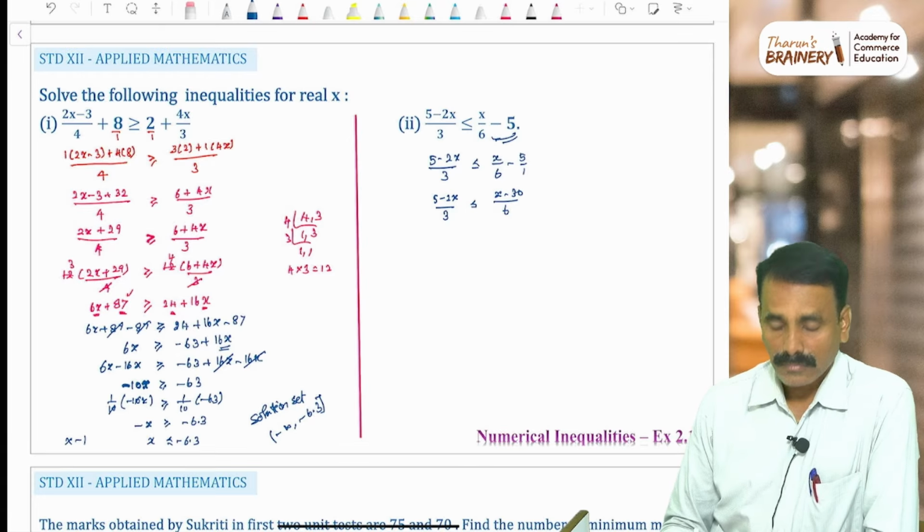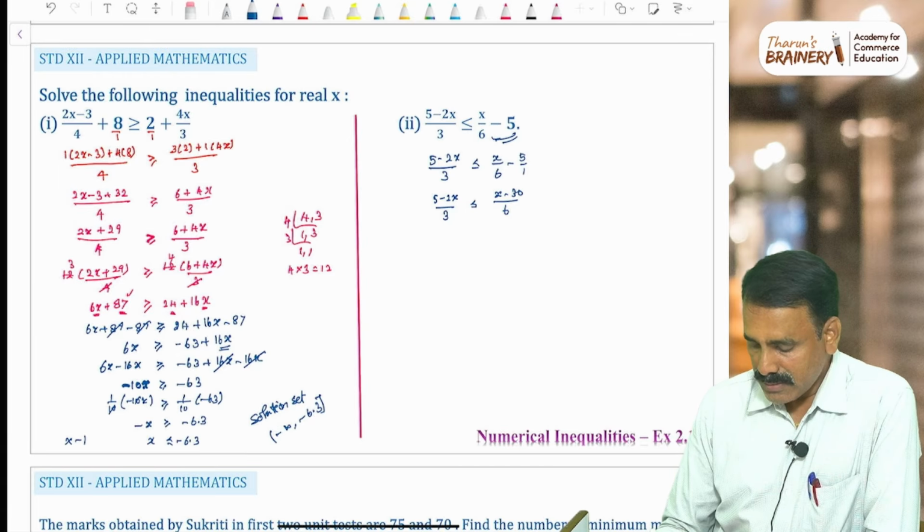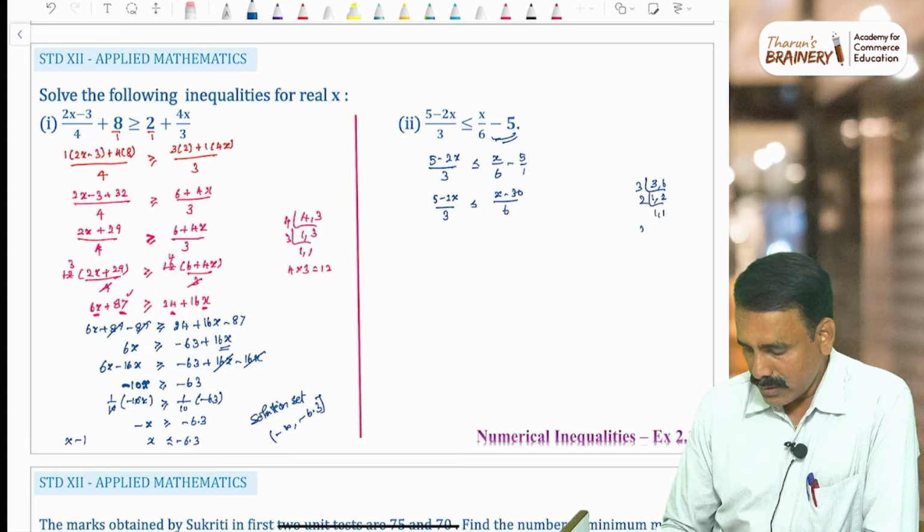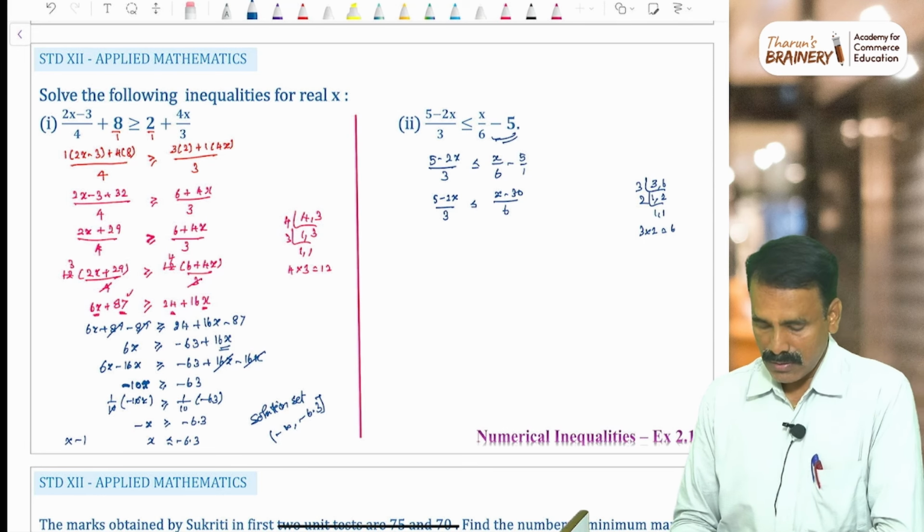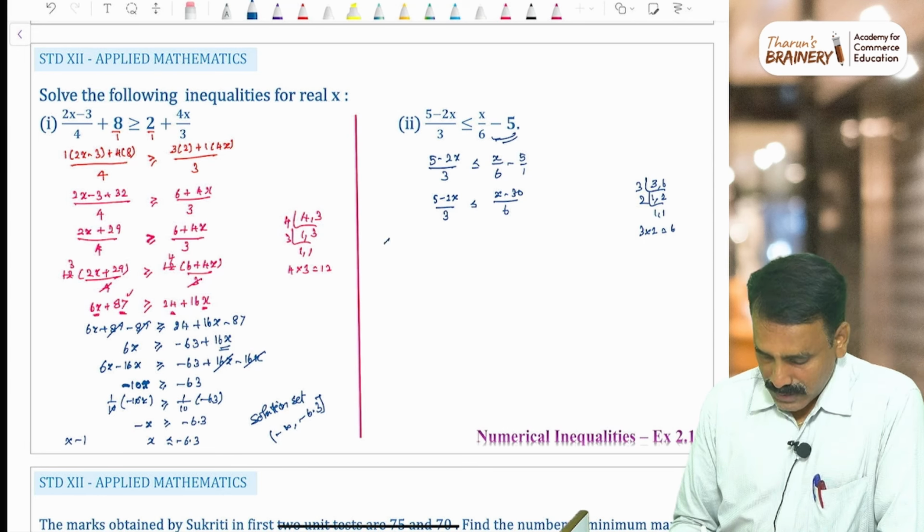Now for 3 and 6, the LCM is going to be 3 into 2, so it is 6. So multiply by 6 on both the sides now. 6 being a positive number, the inequality is not going to change.